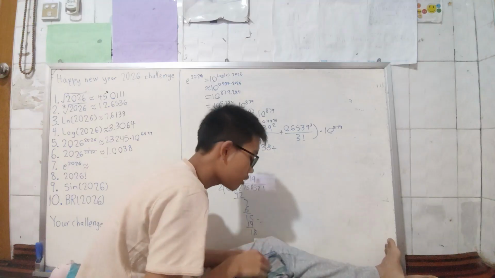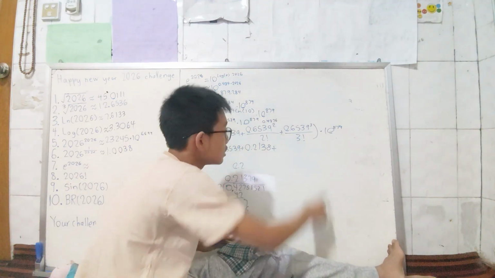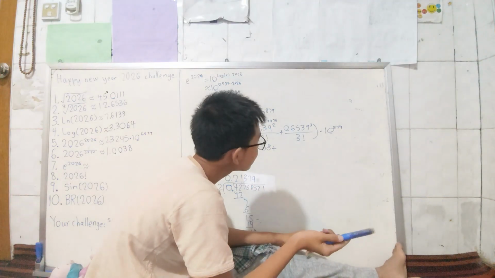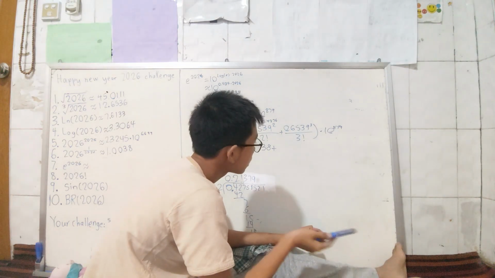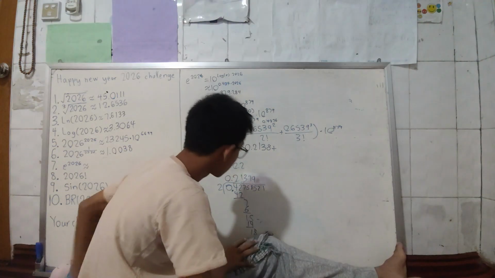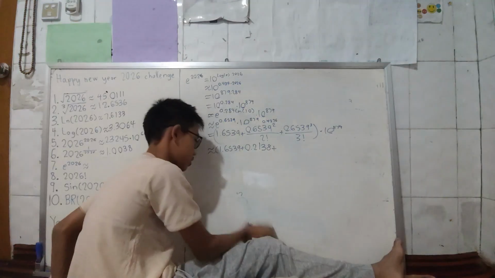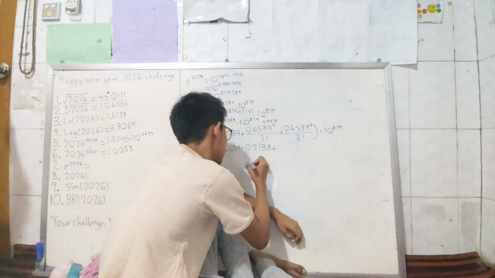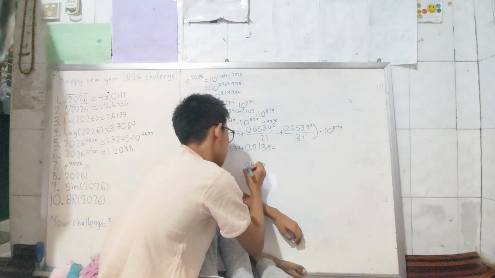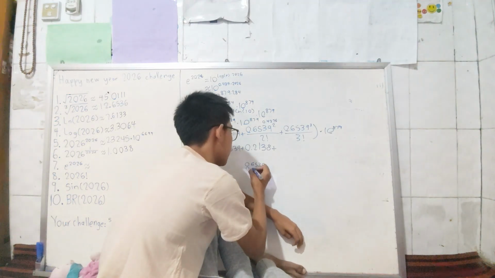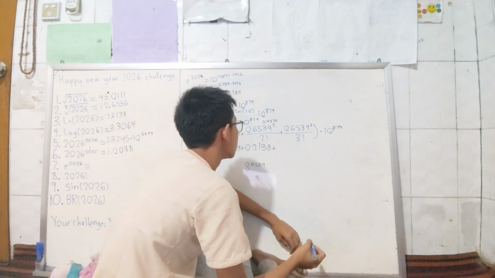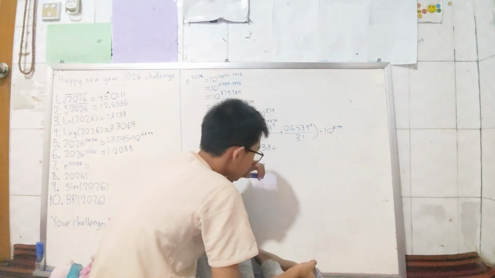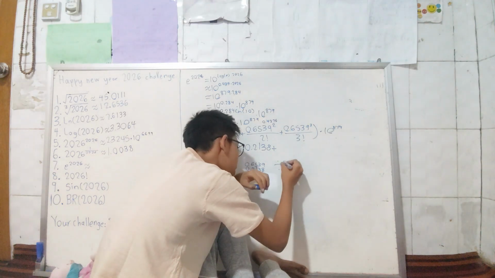Oh, I know how to calculate this term. We're going to take this term, multiply it by 0.6539, and then divide by 3. So 0.6539 times 0.2138, and then we're going to divide by 3.